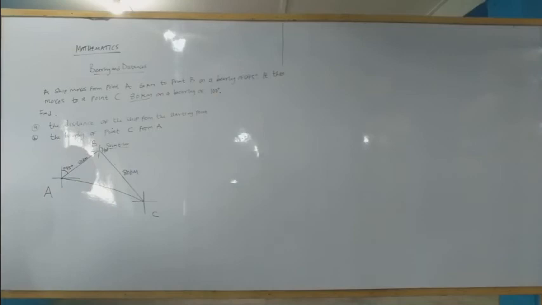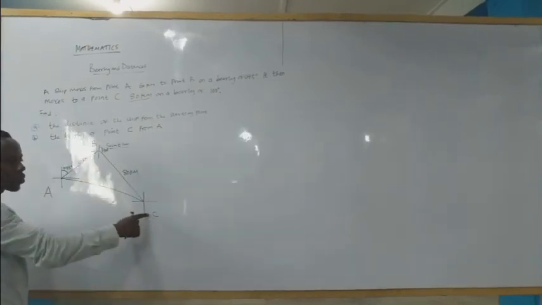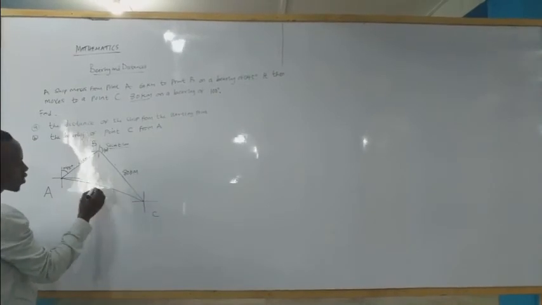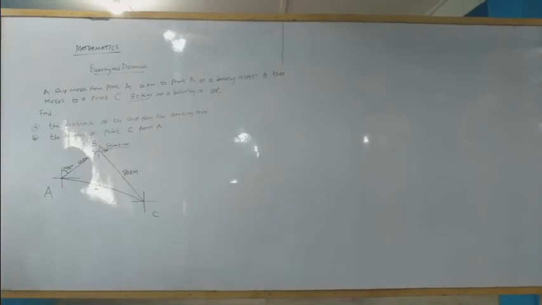The distance of the ship from the starting point. The starting point is A and the ending point is C. So the distance, let's call it small b. And then the bearing of point C from A.